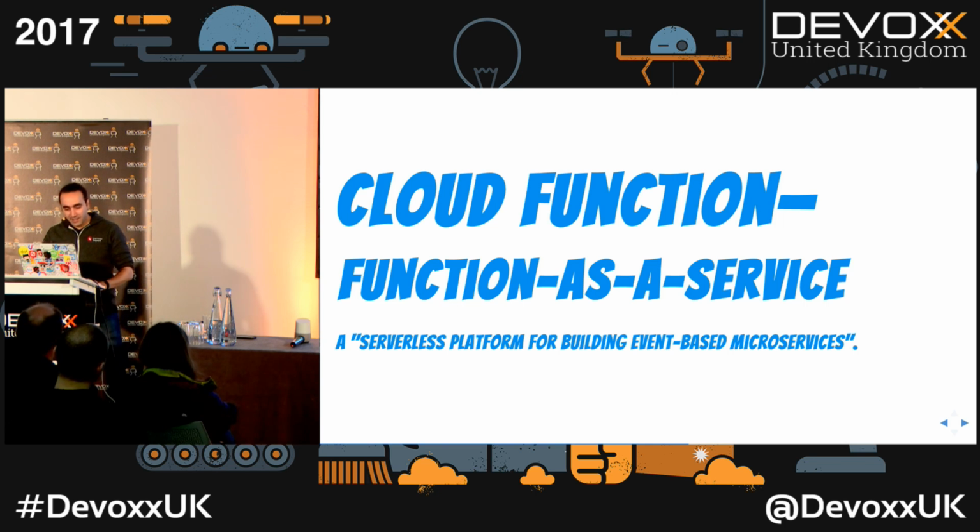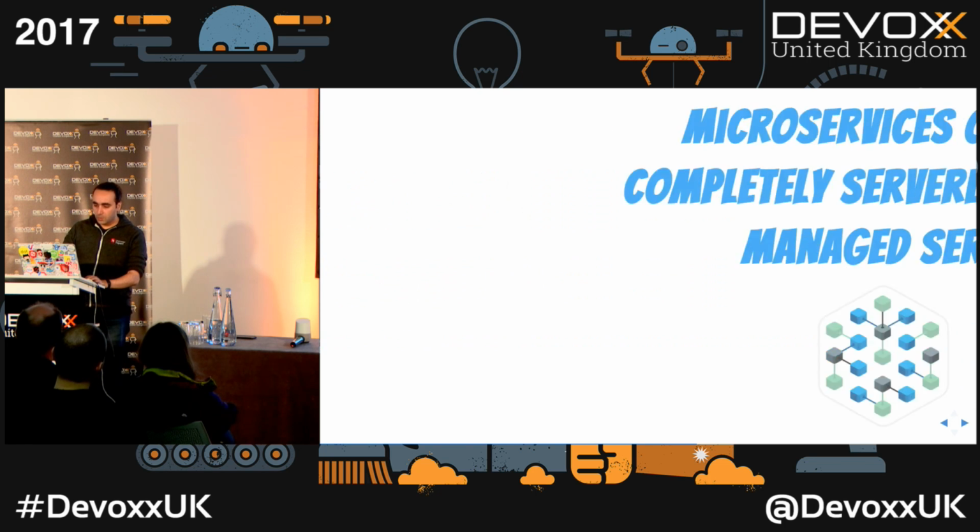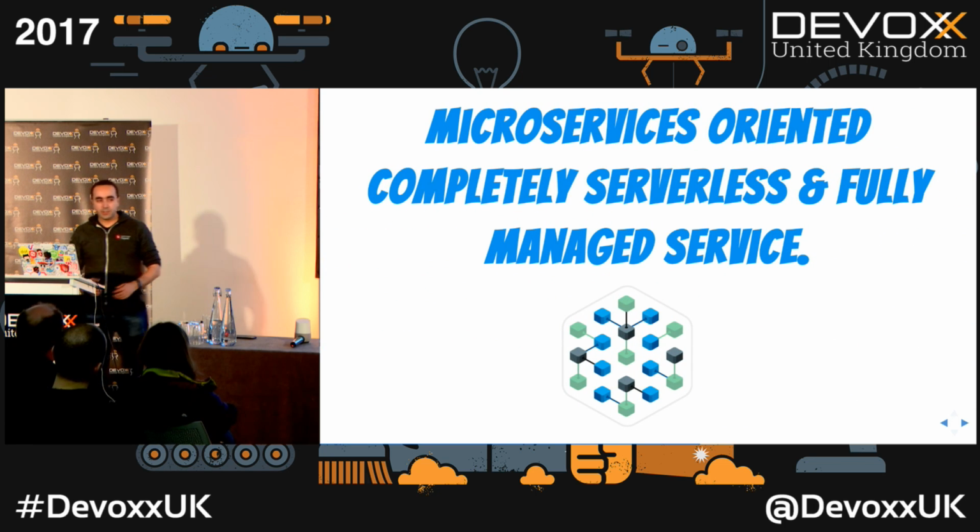This is what you call serverless architecture, where instead of deploying an app, you deploy a function which does one particular process. This is good for microservices, and the good thing is it's fully managed for you by Google, so it auto scales and everything.